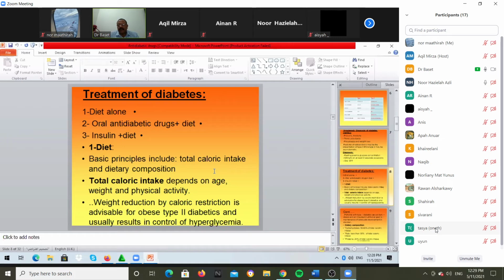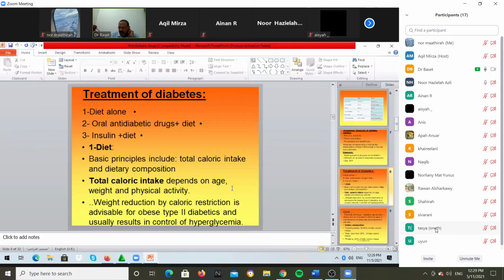So the total caloric intake depends on factors. The most important are physical activity, age, and weight. I must consider all these factors in order to say that this man, a worker, may need 3,000 calories per day, while this man, a student the whole day in his office with not much physical activity, may need only 2,000 plus calories.